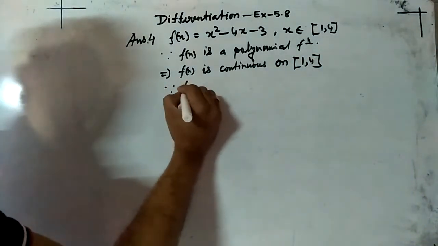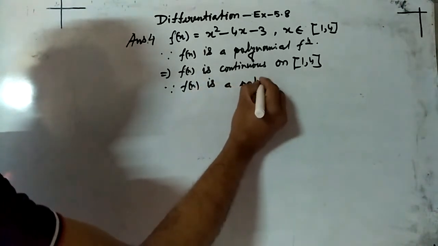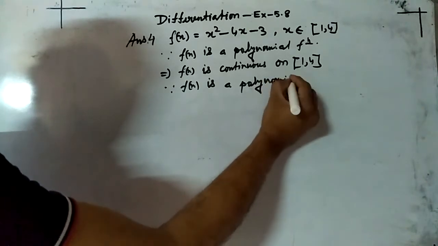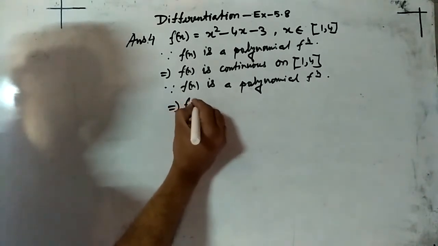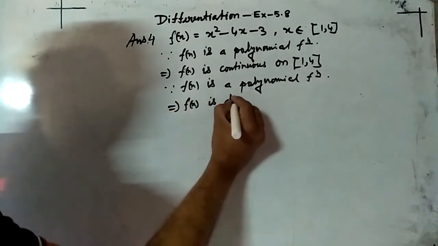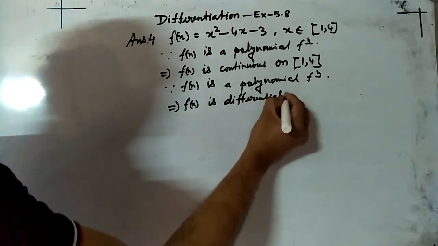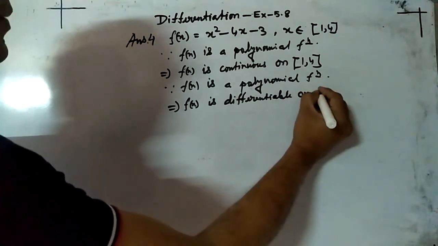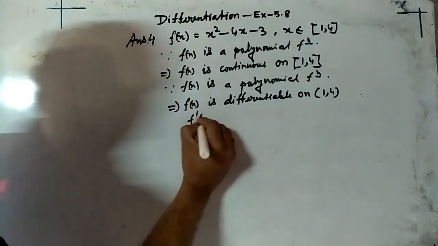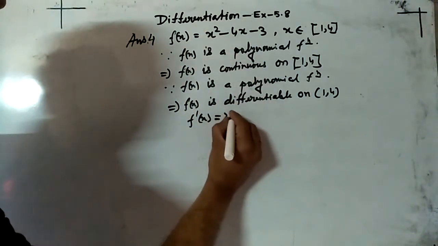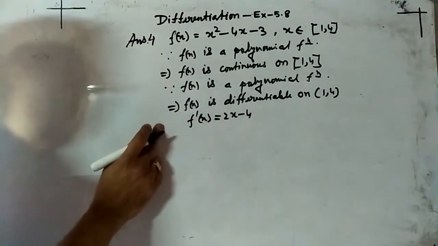Since f(x) is a polynomial function, we can say f(x) is differentiable on open interval (1, 4). Here f dash x, also find it, will be 2x minus 4. Then f dash c we have to write. So two conditions are required for the mean value theorem.